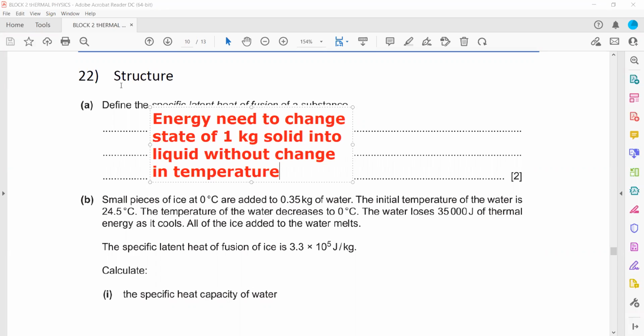So without changing the temperature, if we are able to change the state, whenever there is a change in state, there is no change in temperature. And when solid is converting into liquid, it's called fusion, and when liquid turns into gas, we call that vaporization.